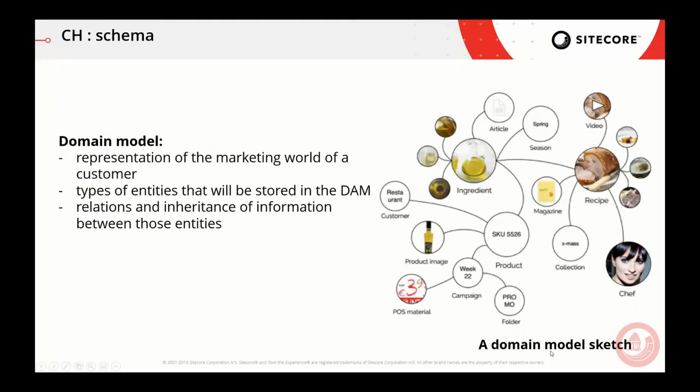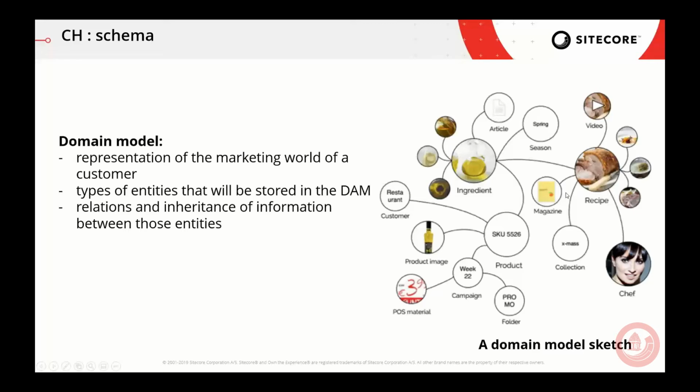So they think about converting that requirement into a model. That is the representation of the marketing world of our customer. Think about the entities that should be stored, and the relationship between them. In this case, it would be something to do with recipe, because it's a recipe food blogging website that needs some ingredients.